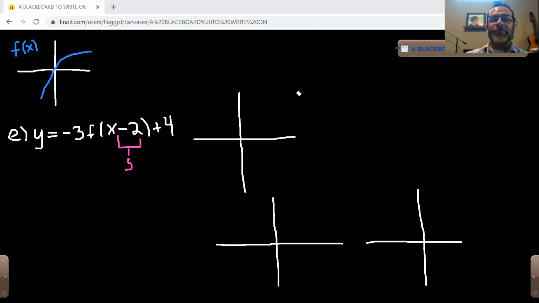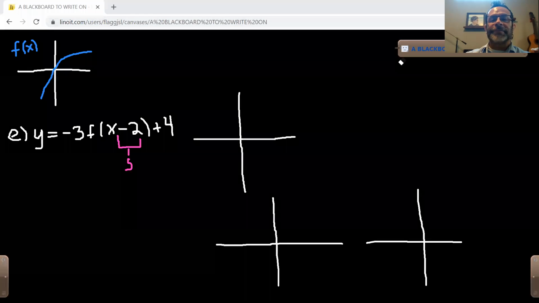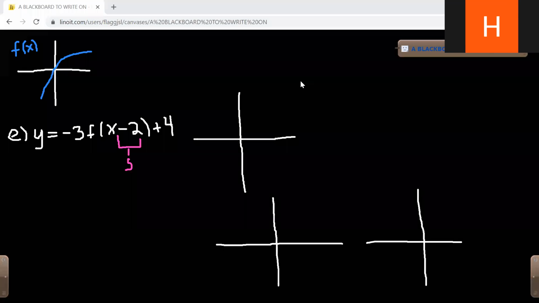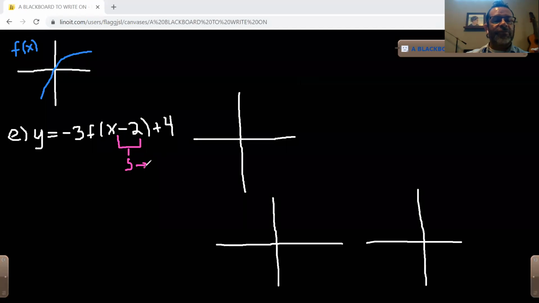I was just about to draw a few things that were extremely incorrect. Shift to the right. Remember that when it's negative inside the function, it's to the right. When it's positive, it's to the left. So it's a shift to the right.